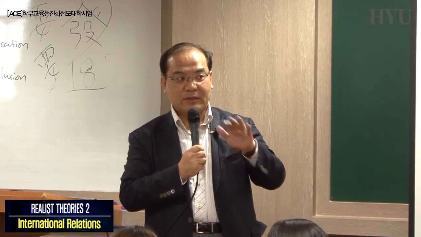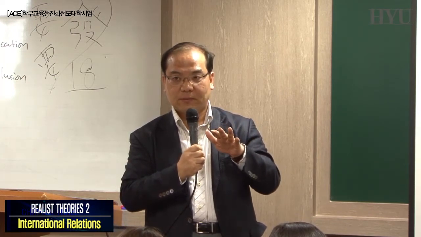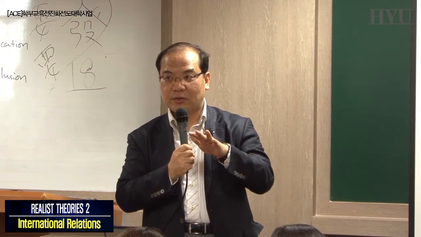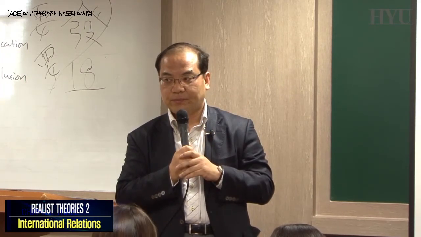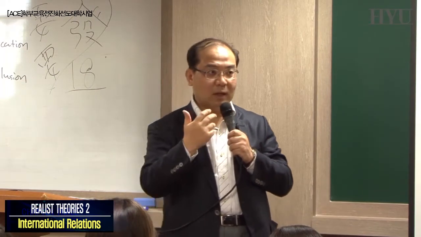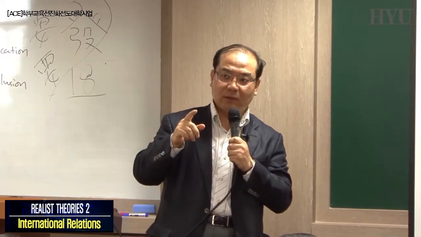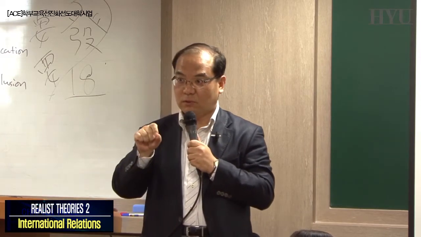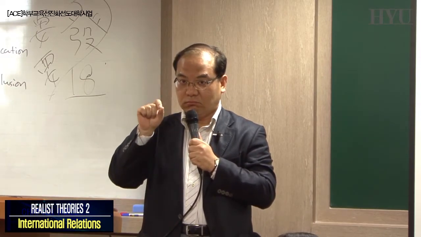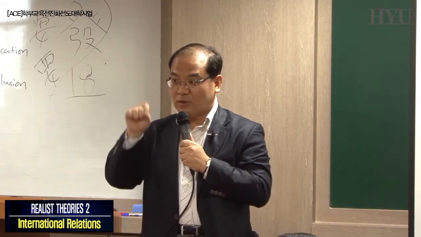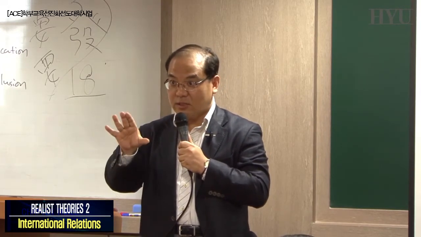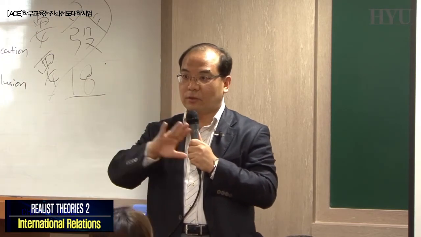The state didn't exist before 1500. The state as a unitary system didn't exist before 1500. Before 1500, what were the units of international relations? The feudal system, or city-states, or an empire. There was no such thing as a state.